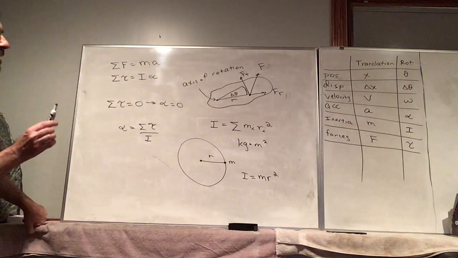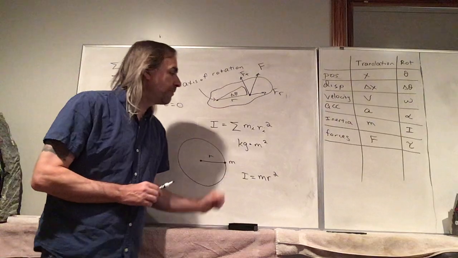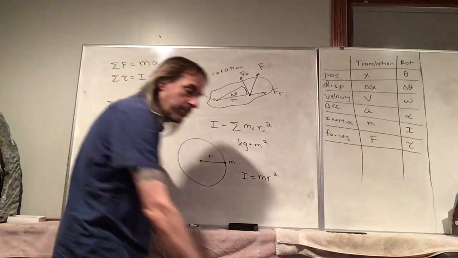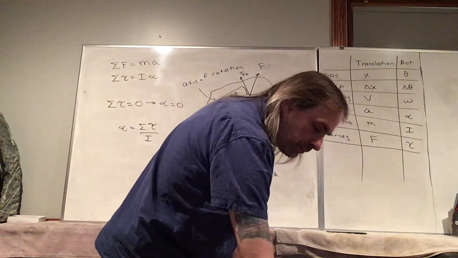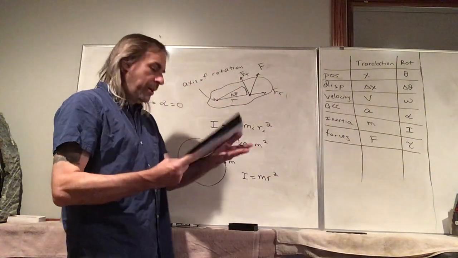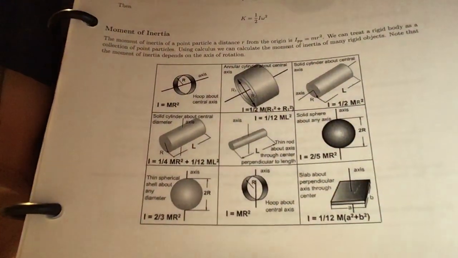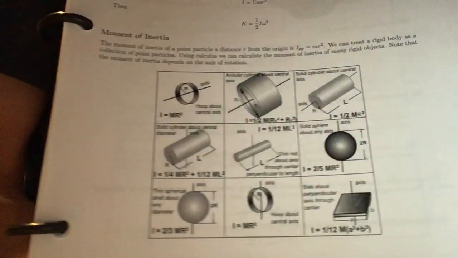Now, I should go back and say one more thing about moment of inertia. The axis of rotation plays a big part. If you go back to our table, you can see from the picture, they show the axis of rotation. Like, say that one right in the middle.